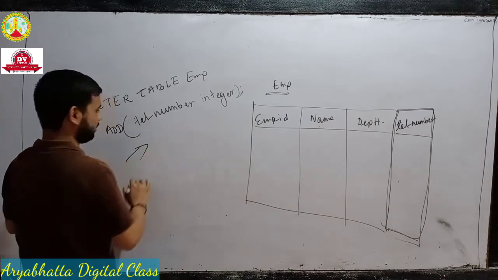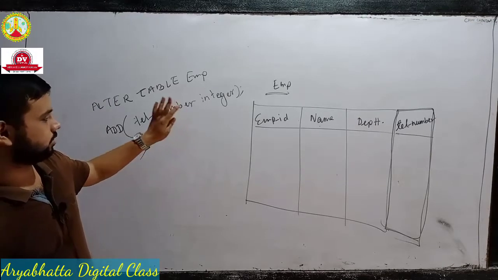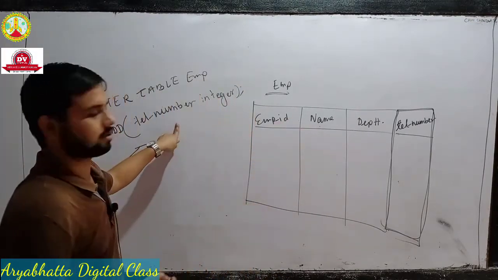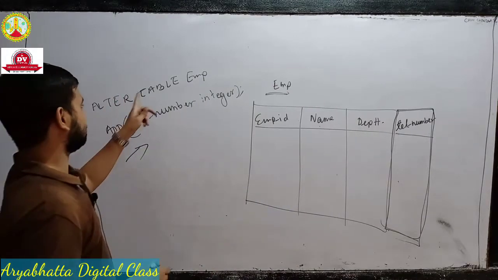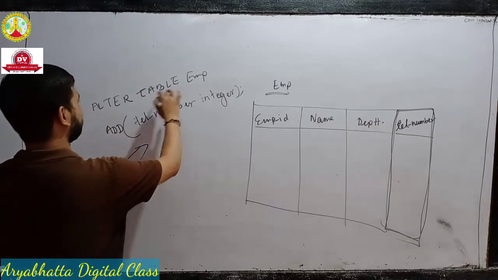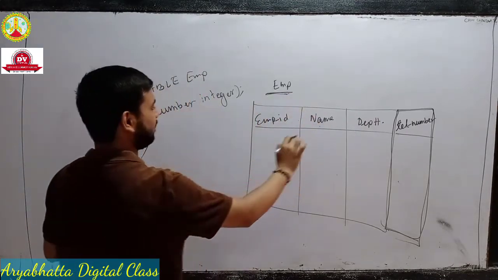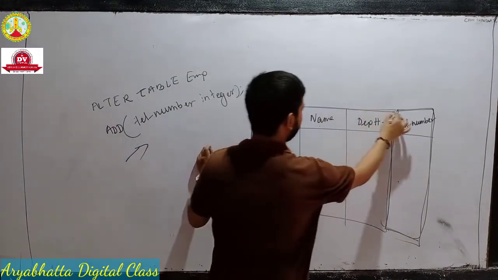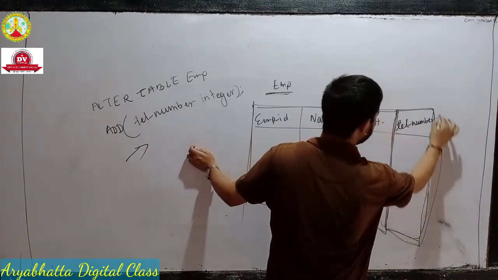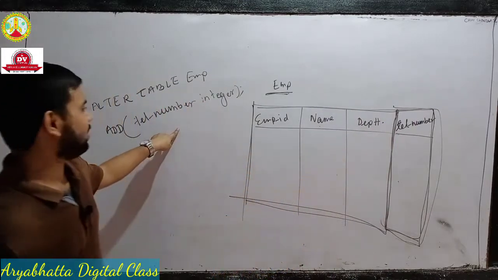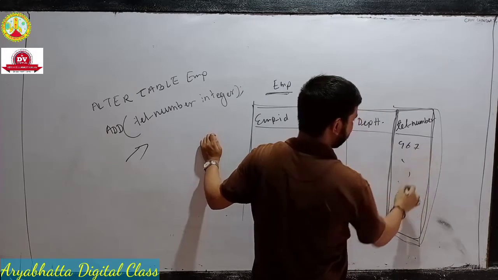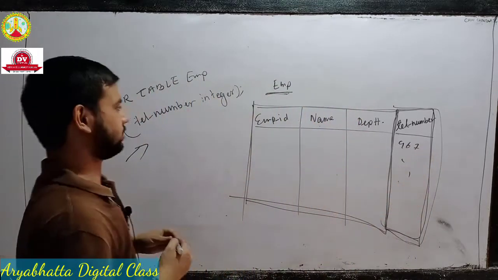That is how we add the new column using this syntax. Alter table emp means you alter the existing table, and the new column is added using add tel number. The telephone number is something like 967, so it comes in integer.